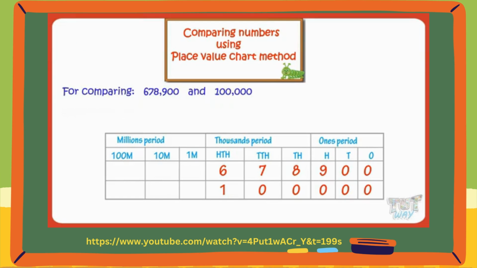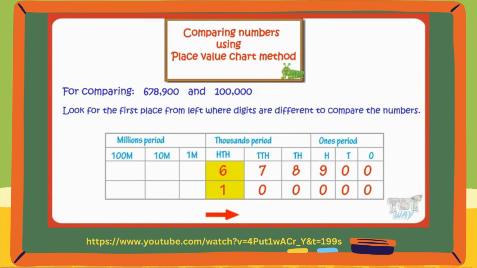Now, you start at left and look for the first place where the digits are different to compare the numbers. If we start at left, there are 6 and 1 at hundred thousands place in the numbers. 6 is bigger than 1, so 678,900 is bigger than 100,000.